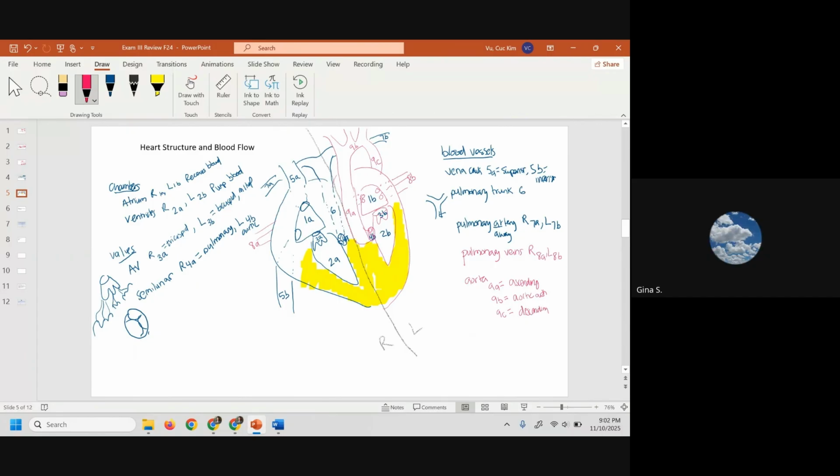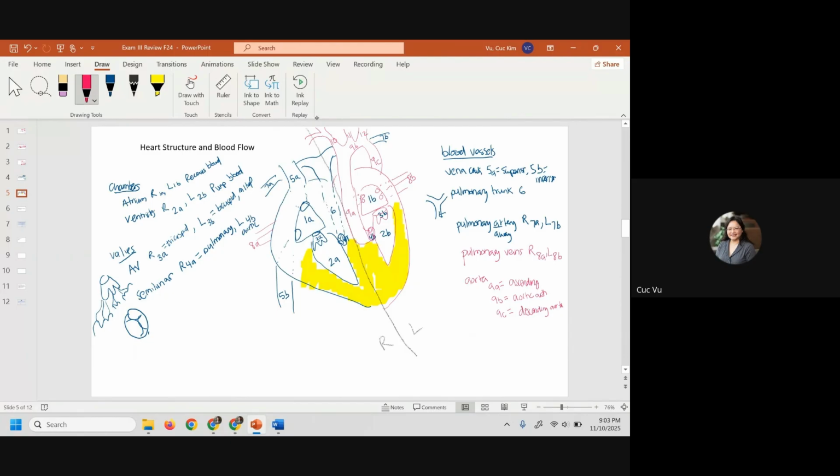Oh, but I forgot the three that come off the top there. So this one actually looks like this. I'm going to put this as 10, 11, and 12. So let's do 10.